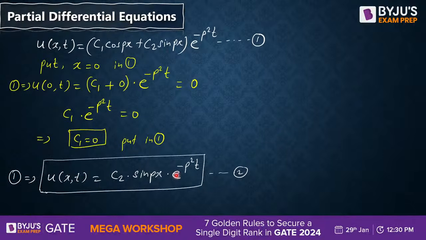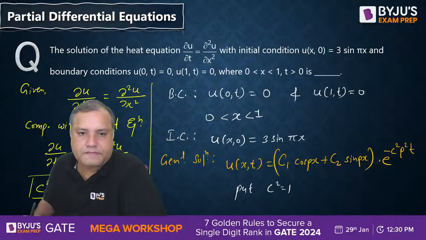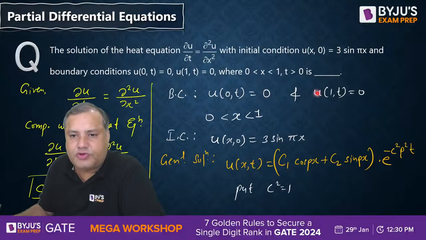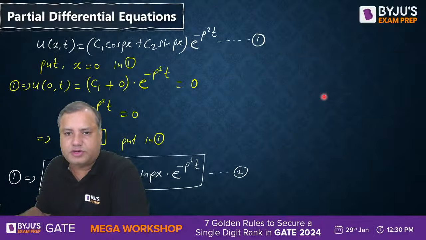Now in this equation we are going to apply the second condition. What is the second condition? U of 1 comma t equal to 0. It means you have to put x equal to 1 in equation 2.